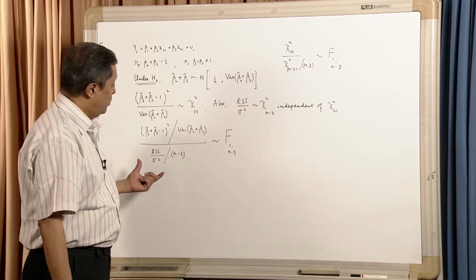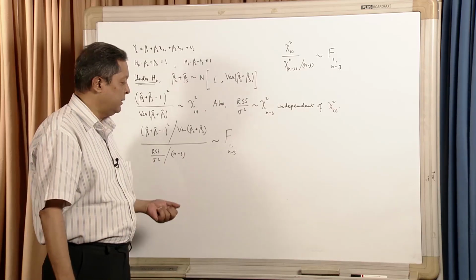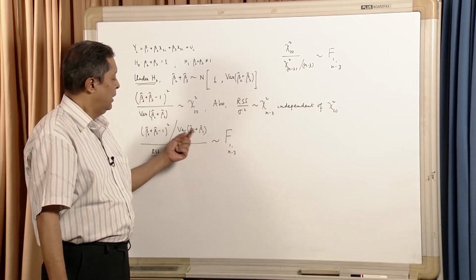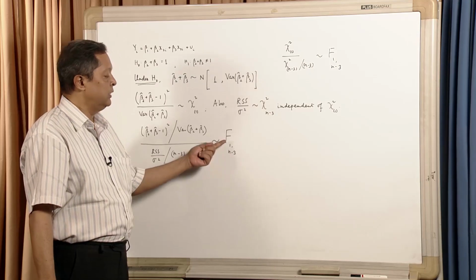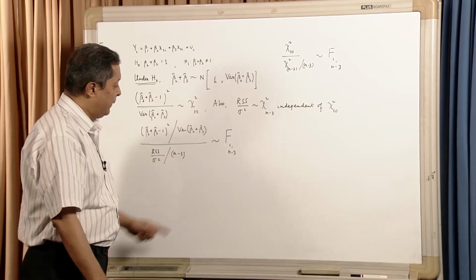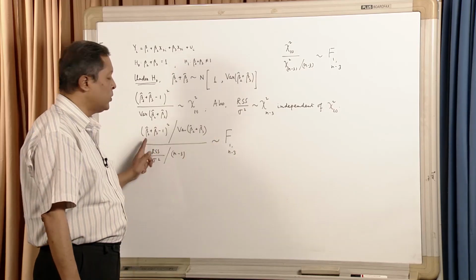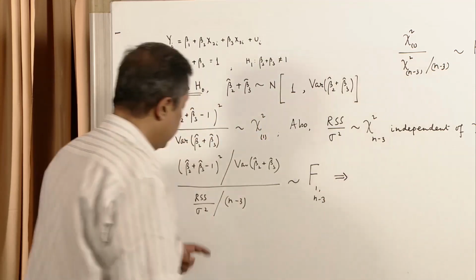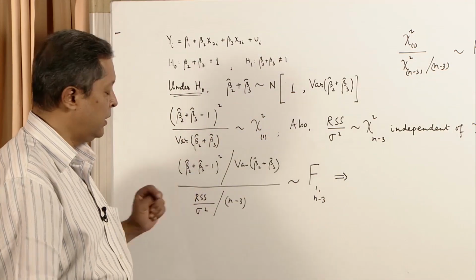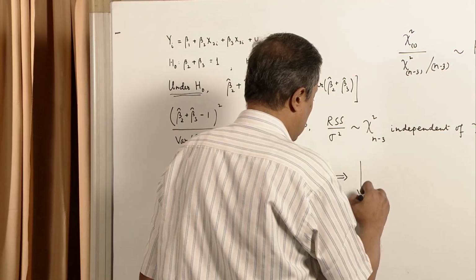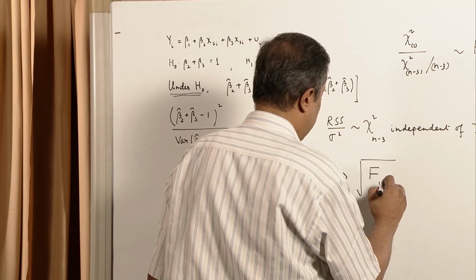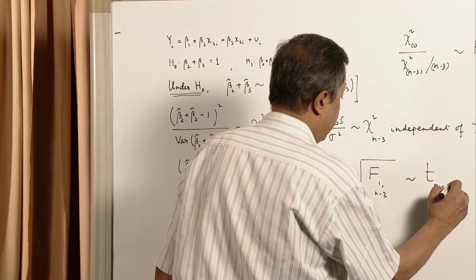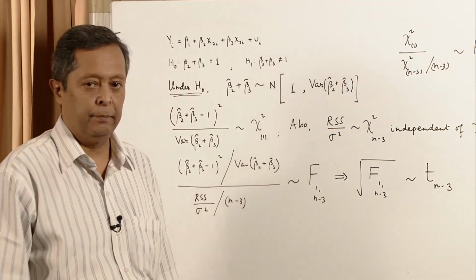Now, we also have another important result: when we have an F distribution with 1 degree of freedom and n minus 3 degrees of freedom in the numerator and denominator respectively, then the square root of this follows a T distribution. So, we can write that the square root of F with 1 and n minus 3 degrees of freedom will follow a T distribution with n minus 3 degrees of freedom.